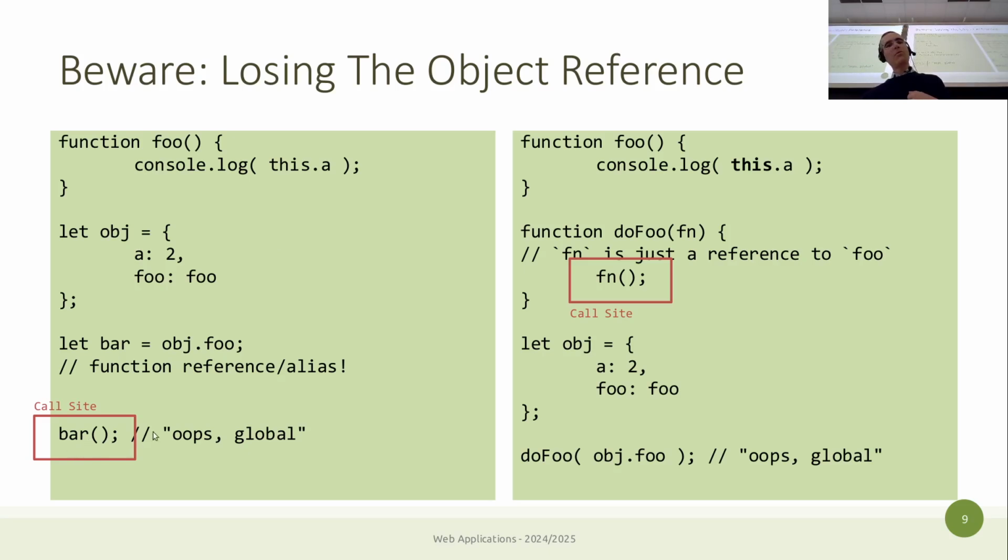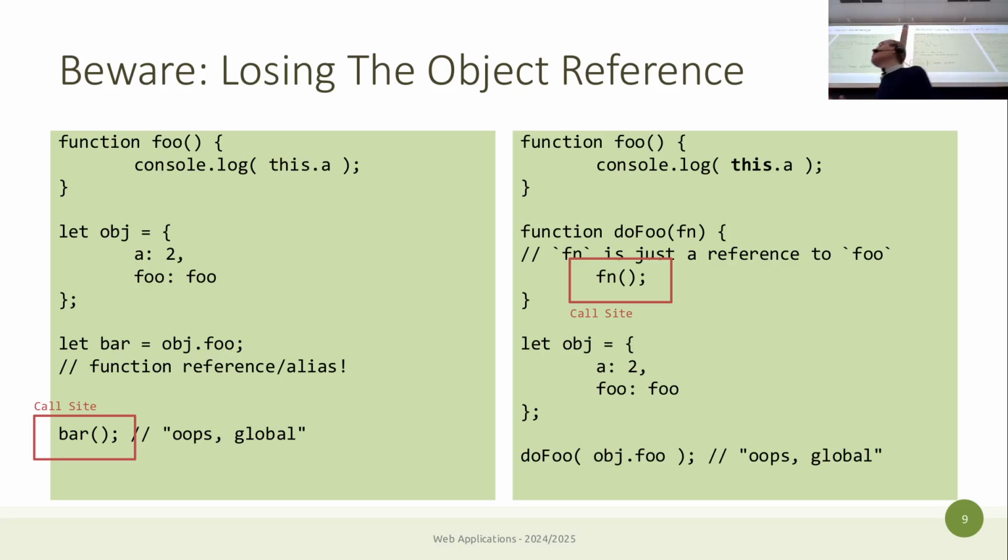Okay? So, when you execute the same function with the same this and so on, the this will not be bound to the object obj, just because you assigned object.foo to bar, to another variable. Okay? So just be careful.